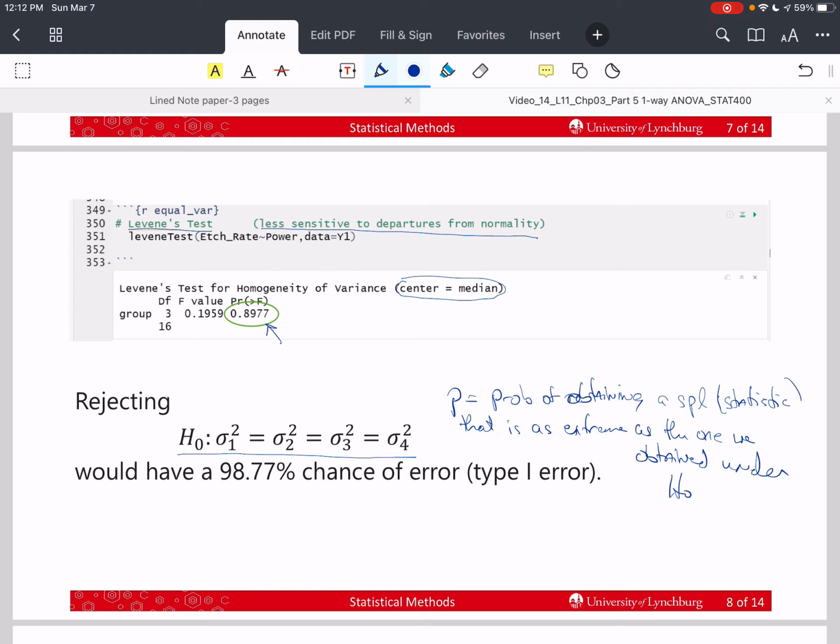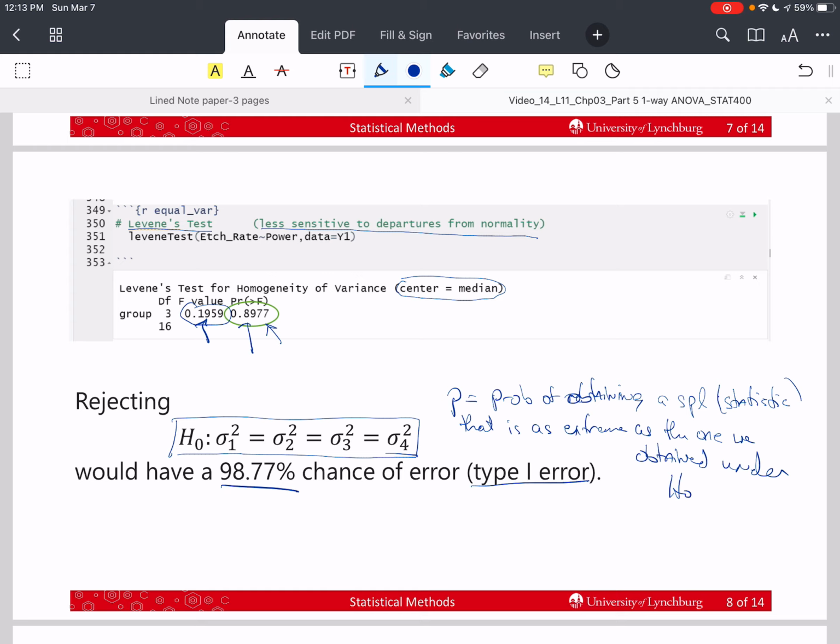So we're saying there's a 98.77% chance that we could obtain this value, this F value, the actual statistic value, given that H naught is actually true. That's 98.77%. We could also think of that as a type 1 error.